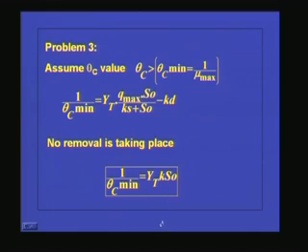Now, we will see the third problem. The third problem is where theta C is not known, so we have the biokinetic parameters. Theta C is nothing but 1 by mu, or 1 by specific growth rate, and the mu value is changing for a system, but the mu max, the maximum specific substrate utilization rate, is a constant.